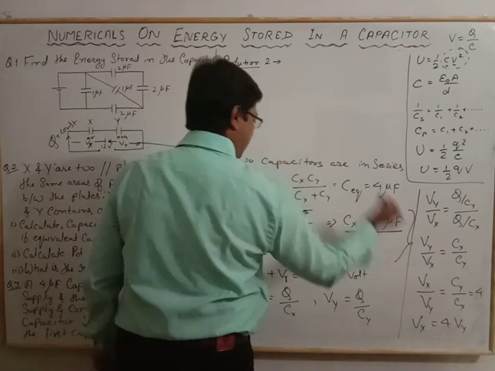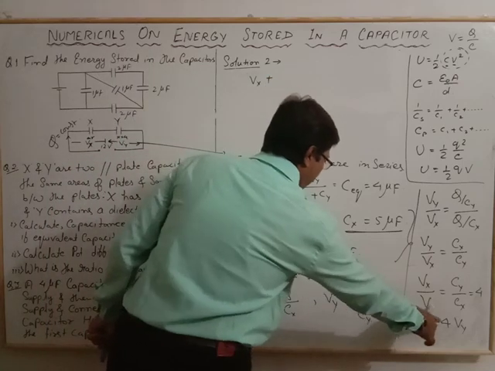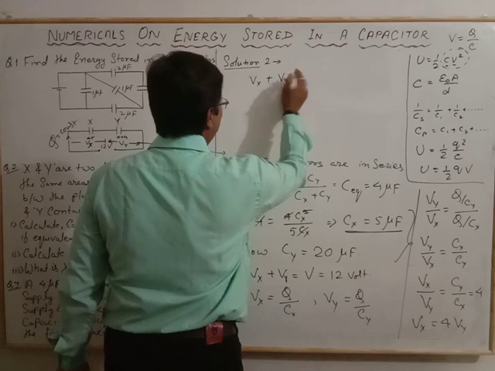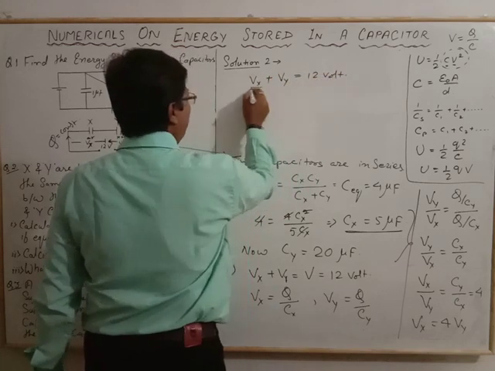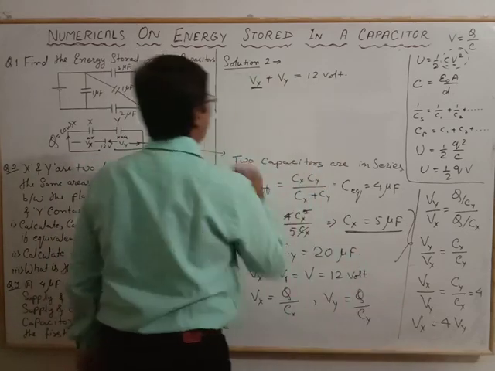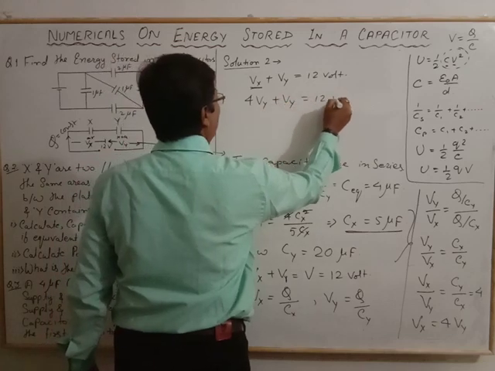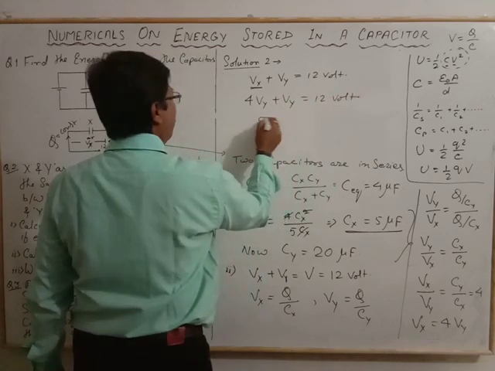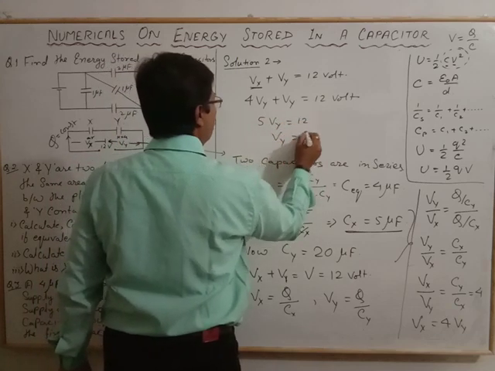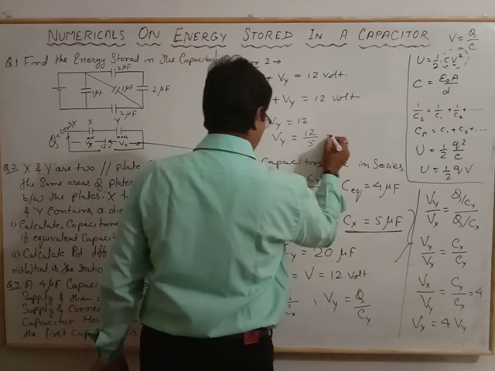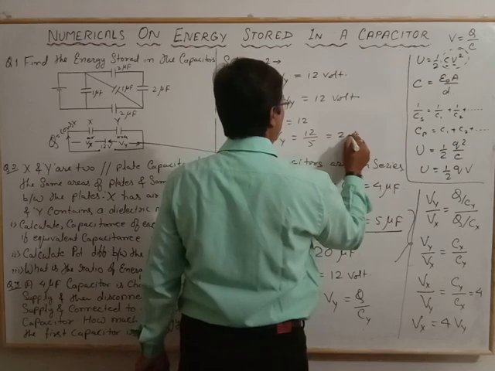In place of Vx we substitute 4Vy, so 4Vy plus Vy is equal to 12 volt. That becomes 5Vy is equal to 12, or Vy is equal to 12 by 5, that is equal to 2.4 volt.